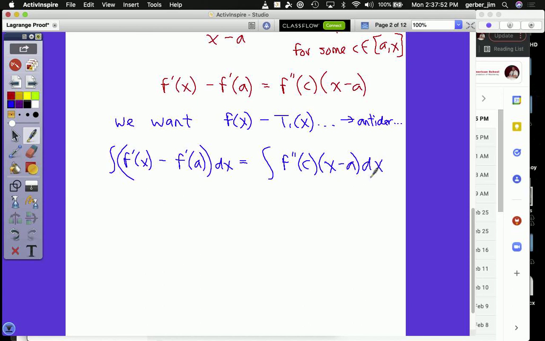Okay? Haven't done anything very profound yet. I've just taken integrals of both sides. Now, the antiderivative of f prime, of course, is just f. And the antiderivative of f prime at a, well, that seems worse than it is because f prime at a is a constant, right? This is the slope at some value a. And so the antiderivative of that is just going to be f prime at a times x.